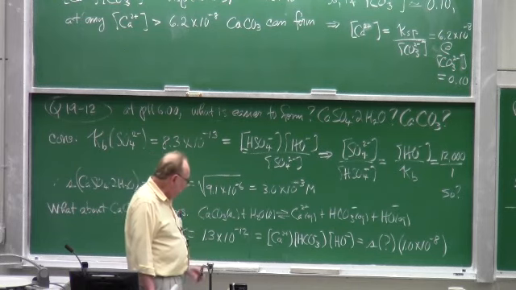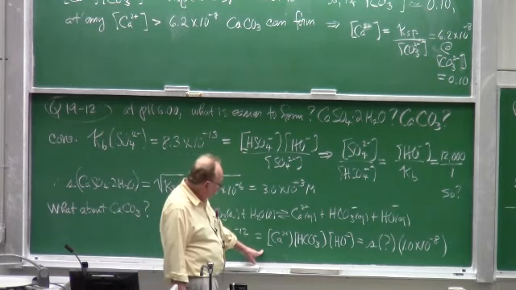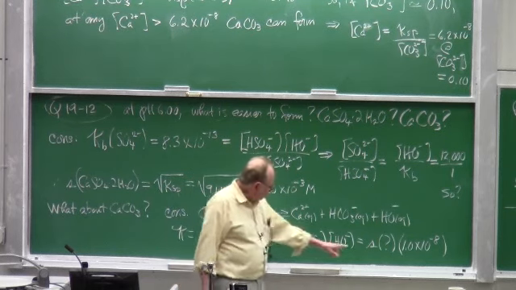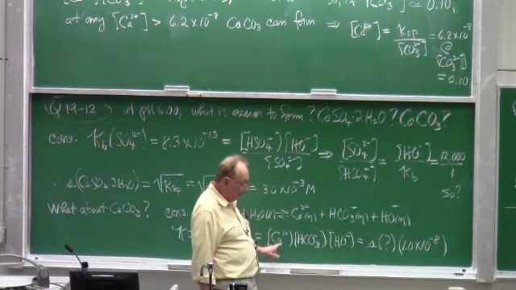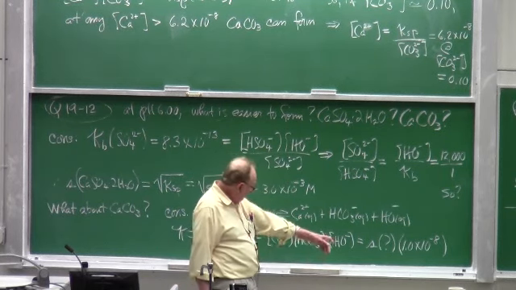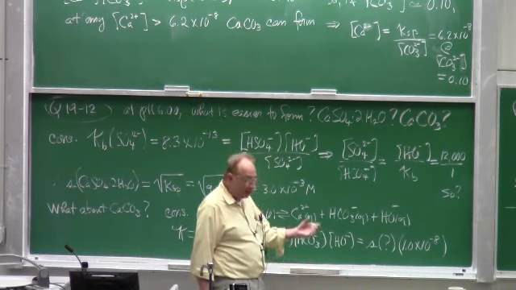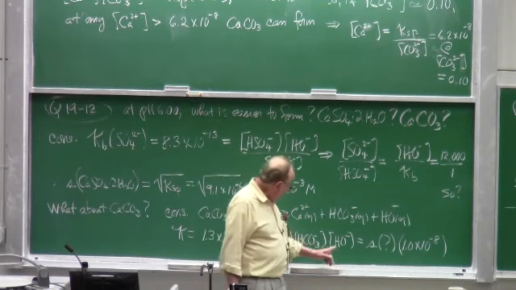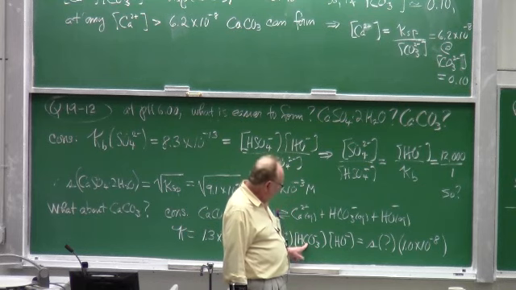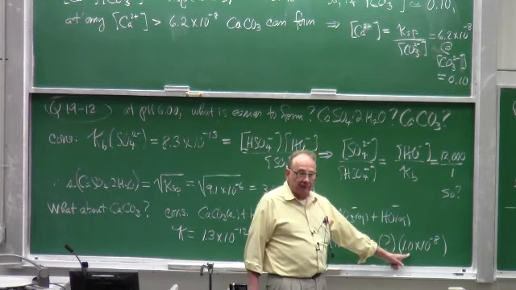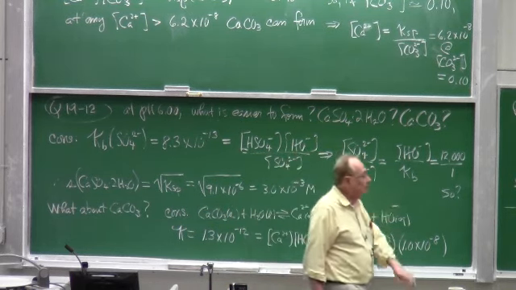Here's the equilibrium constant value. There's the equilibrium constant expression chemically speaking. S is the molar concentration of calcium ion, the solubility of calcium carbonate. Question mark represents the molar concentration of bicarb ion, and there's the hydroxide ion molarity because we're operating at pH 6.